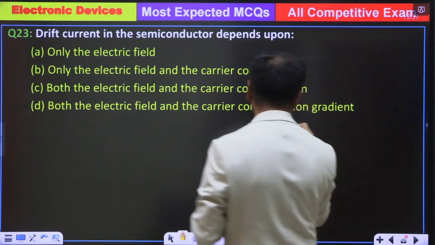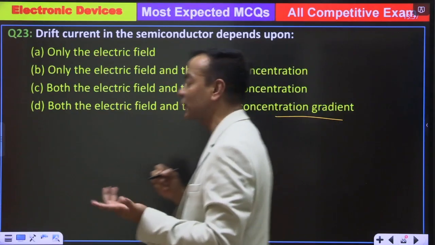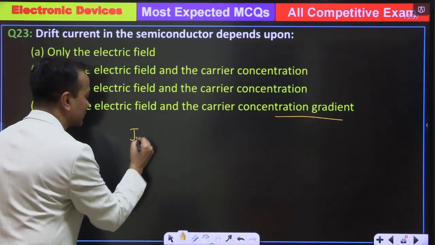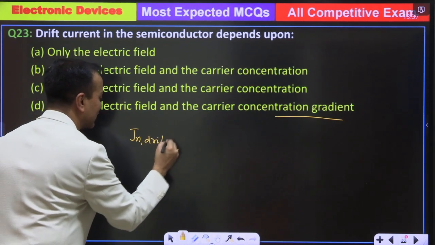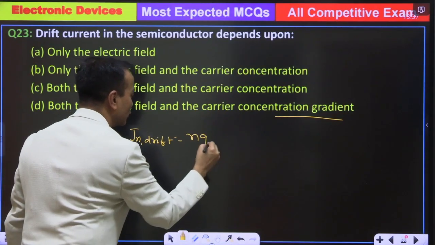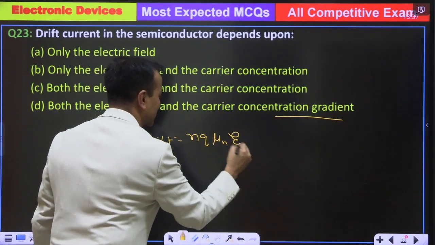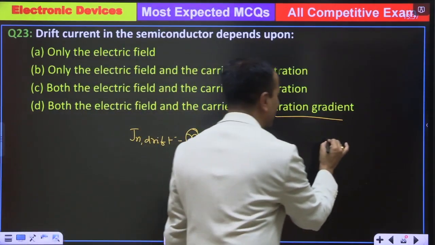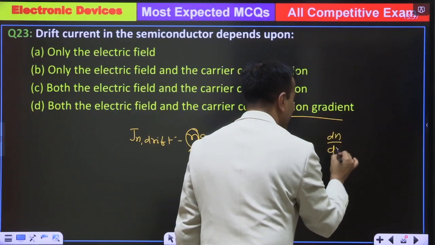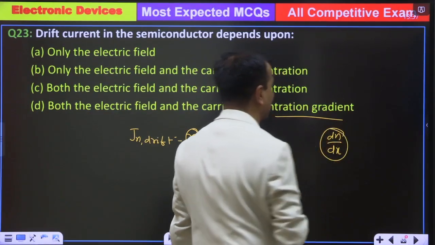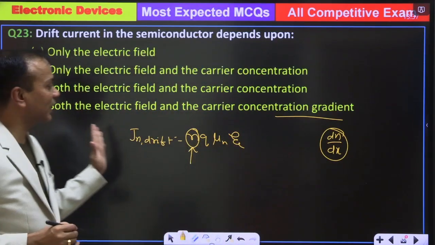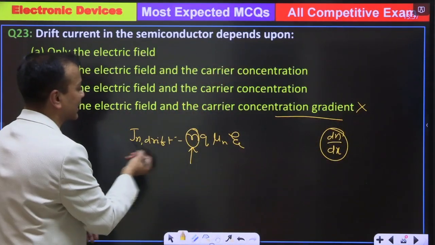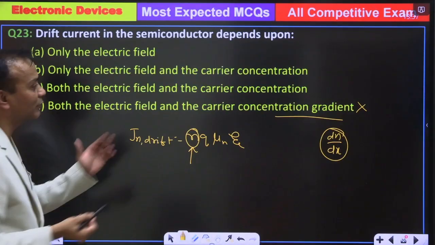The gradient and the carrier concentration are different things, as I already explained. For electron, the drift current is N q μn E, so this is the carrier concentration, but dN/dx is the carrier concentration gradient. There is no dN/dx term here, so this option is not correct. It depends on the carrier concentration as well as the electric field.